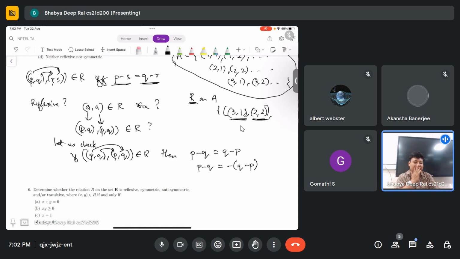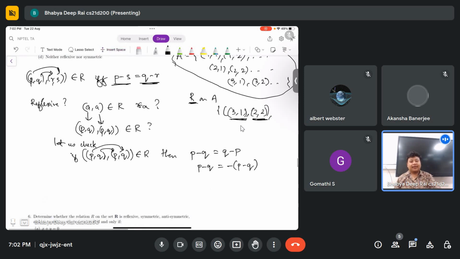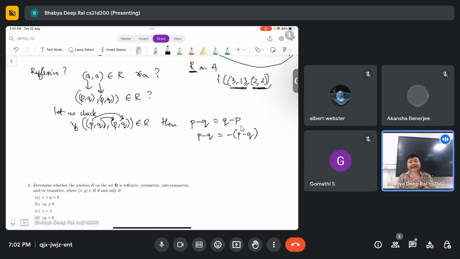Since these are positive integers, subtracting them would create a minus sign, but negating them would change the sign. So P minus Q is clearly not equal to Q minus P.